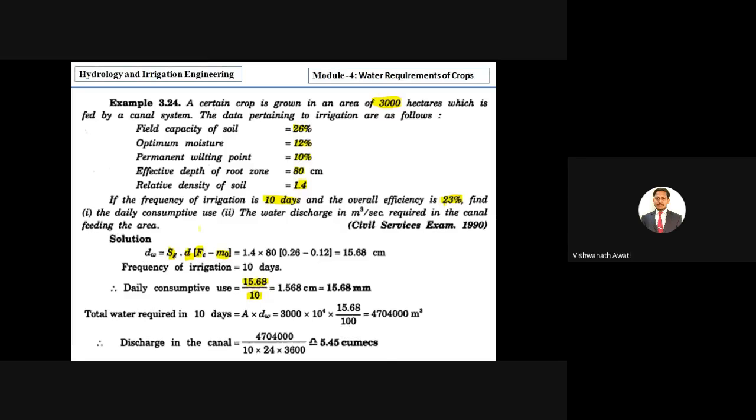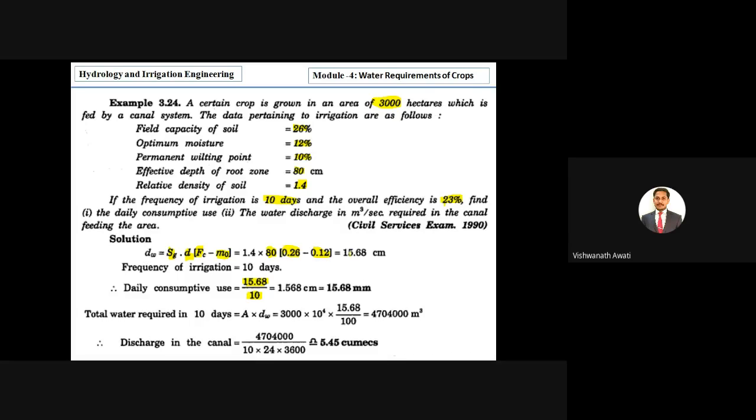So relative density of soil is given 1.4, then D effective depth of root zone is 80 centimeter, substitute 80. Then field capacity 26, means 0.26, then optimum moisture 12%, 0.12.